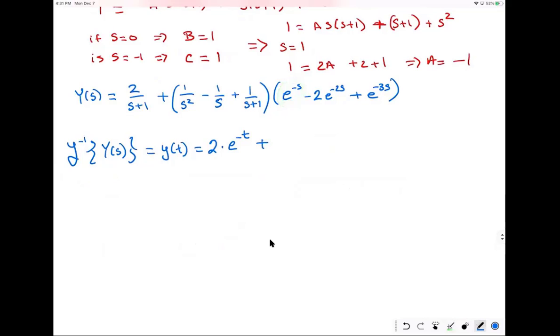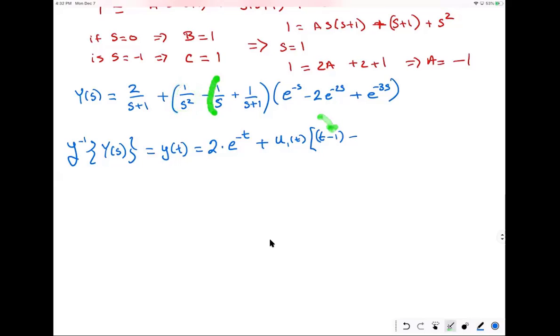So I have u sub 1 of t, and then that's going to be multiplied by, remember 1 over s squared is t, but I need the shift, so this will be t minus 1. Then minus, so this is t, but I have to shift, so I need t minus 1.